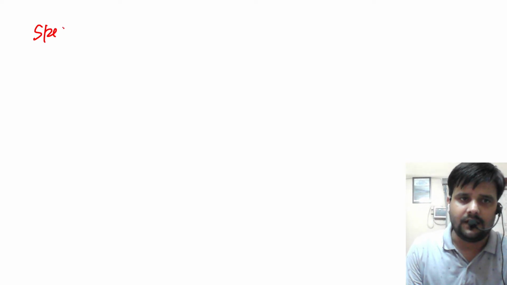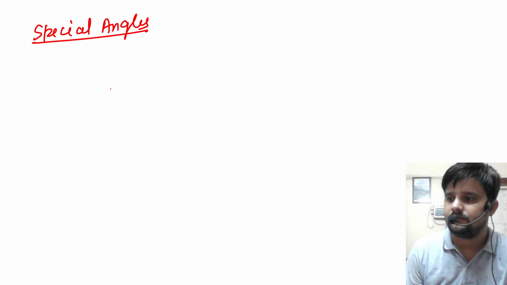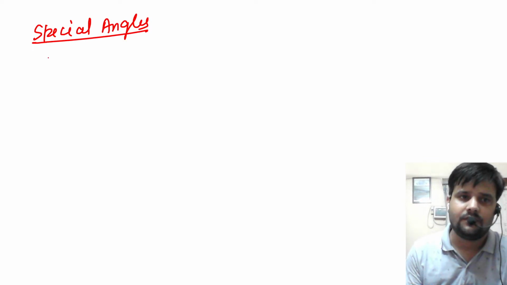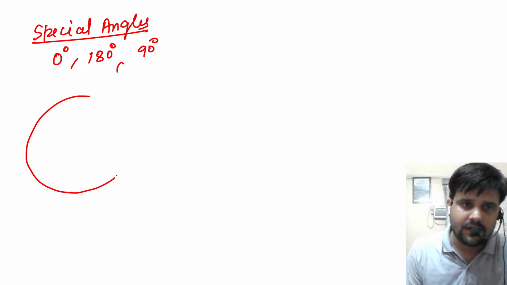Okay, let's come to spatial angles. First is 0 degree, then 180 degree and 90 degree. So let's talk about 0 degree first.